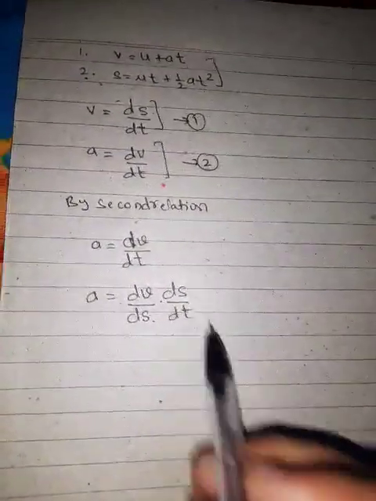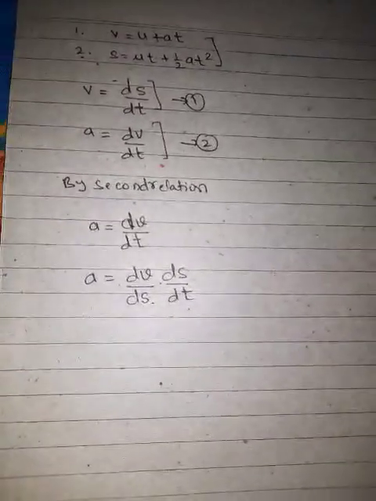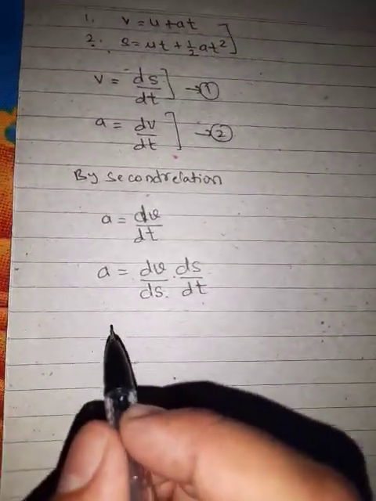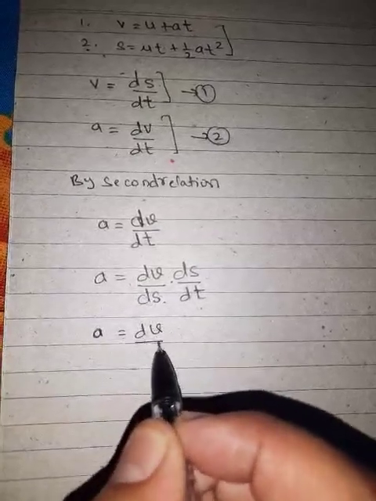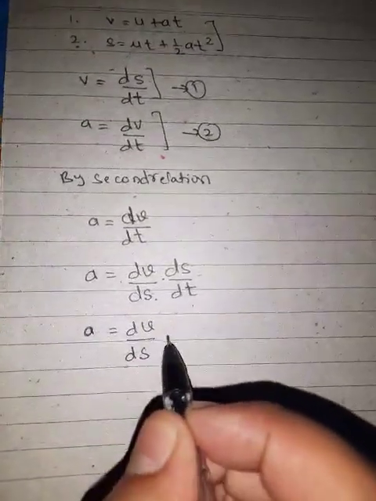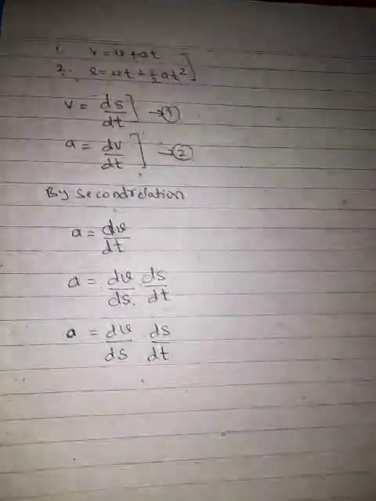This is one kind of arrangement for getting the solution of the third equation of motion. Simply a is equal to dv upon ds upon dt.